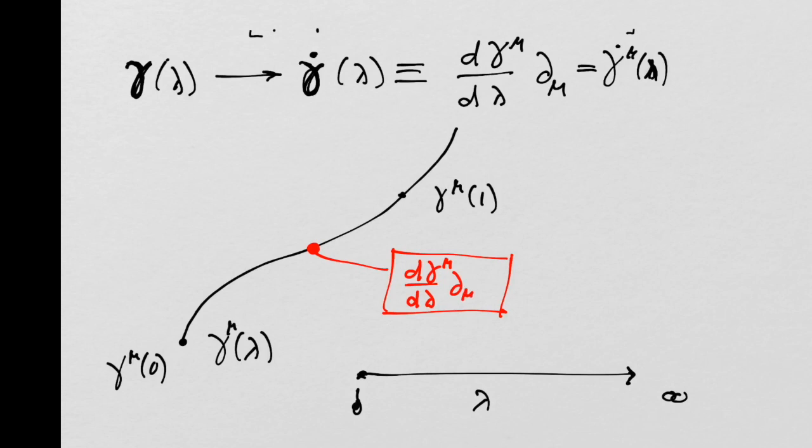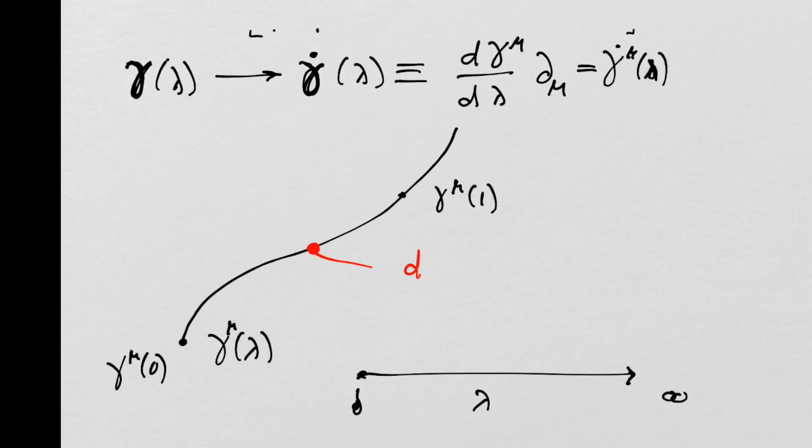And the reason it's at that point is this derivative here is actually evaluated at γ of λ. So I can actually write that better, right? I can clean that up. It's an important point to make, right? It's a vector field.